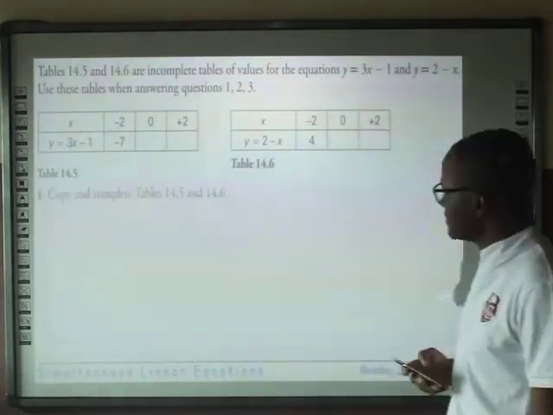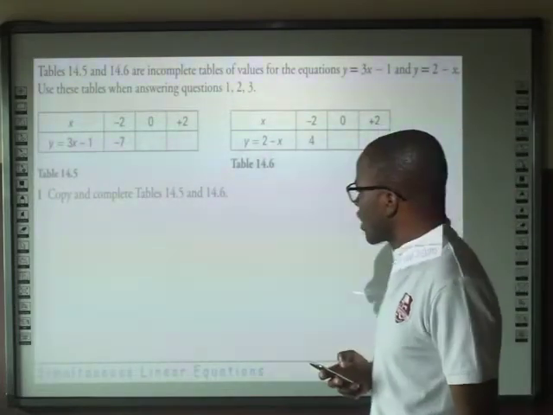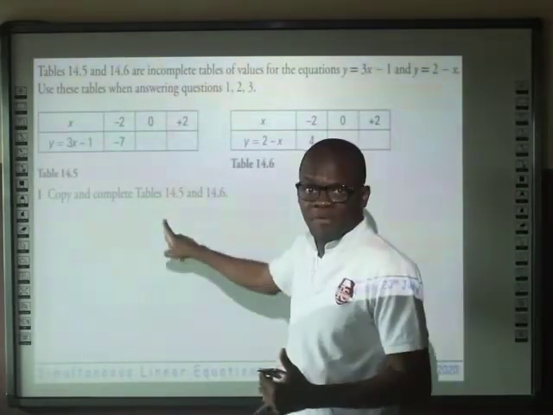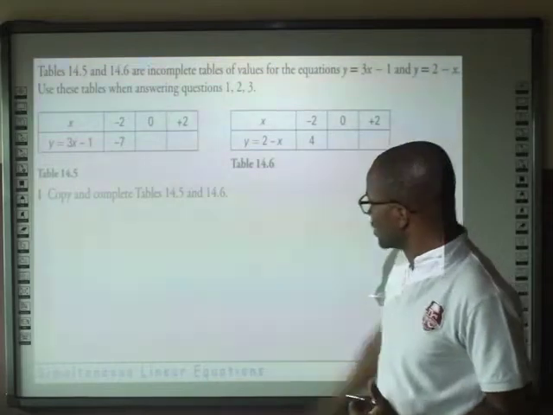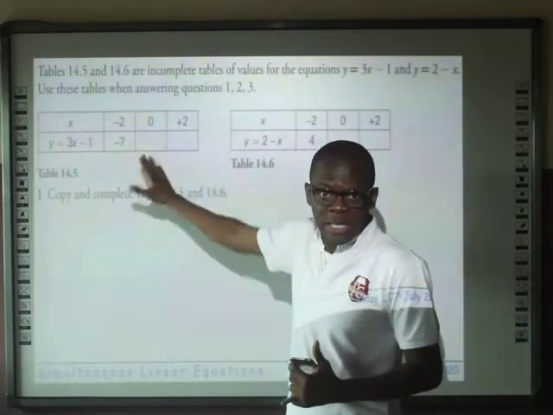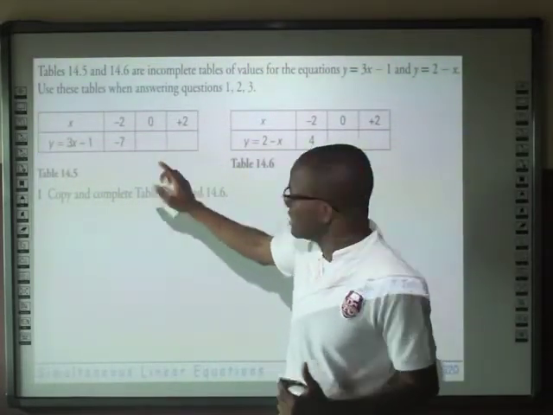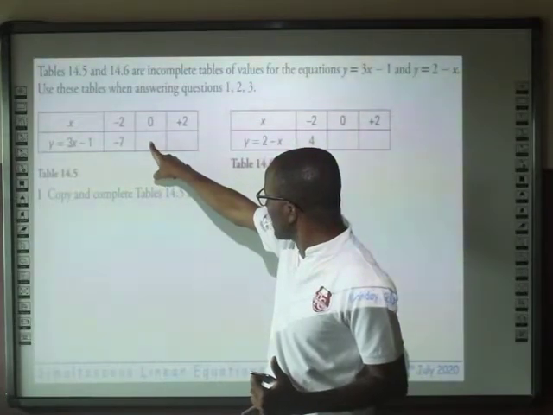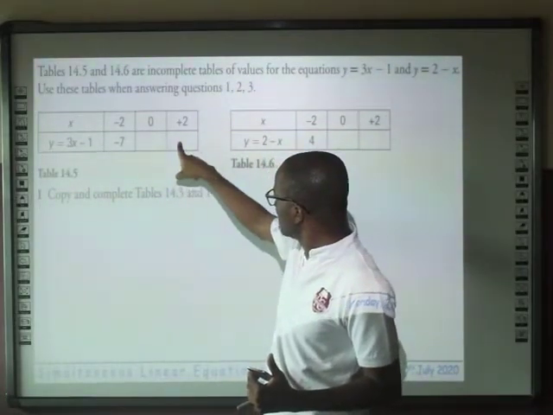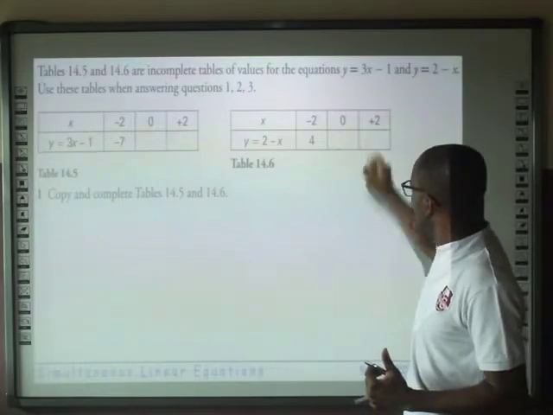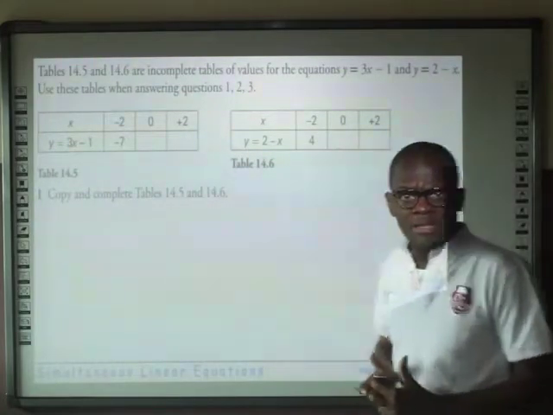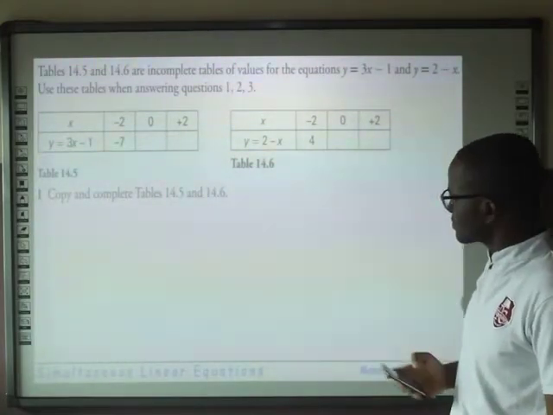Okay, so let's see. Question 1. We're asked to copy and complete tables 14.5 and 14.6. So the tables, obviously, as you can see, are incomplete. So we have to complete the tables by putting the values there, and right there.